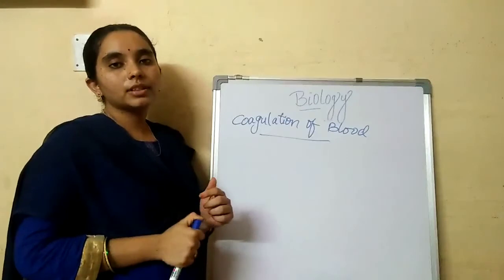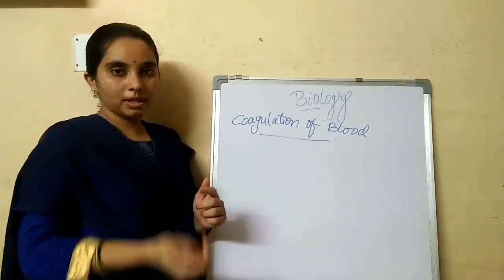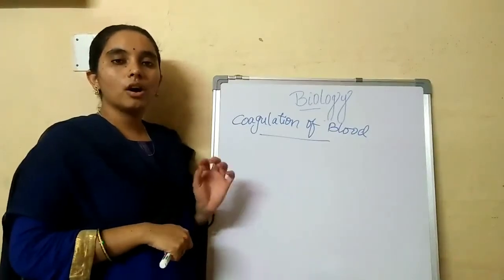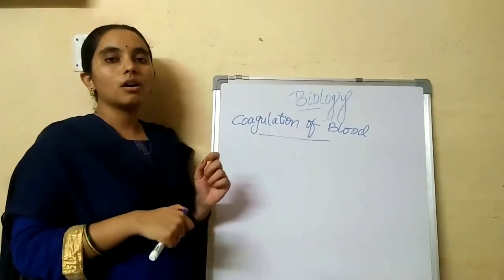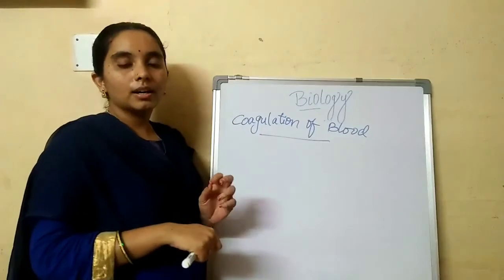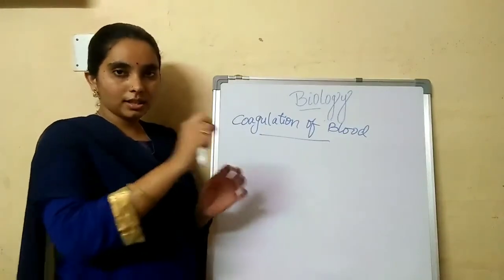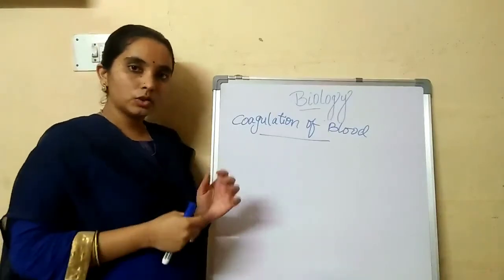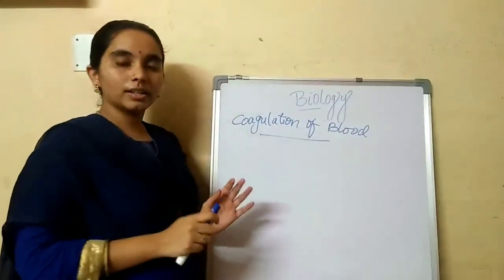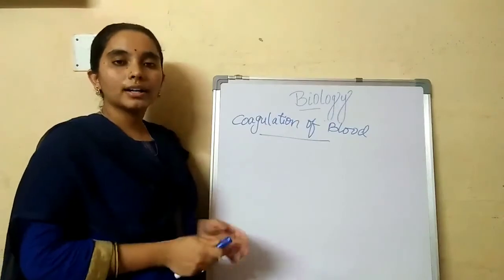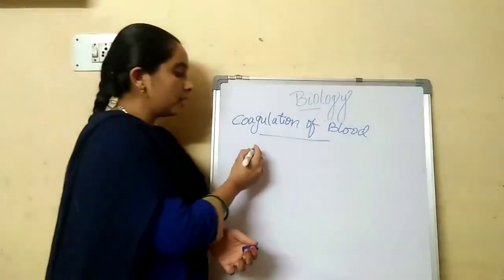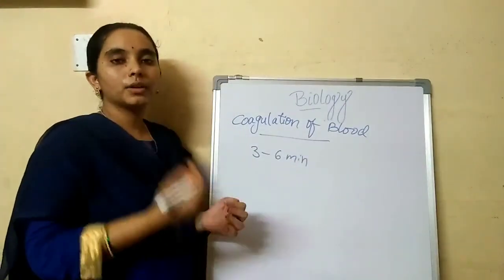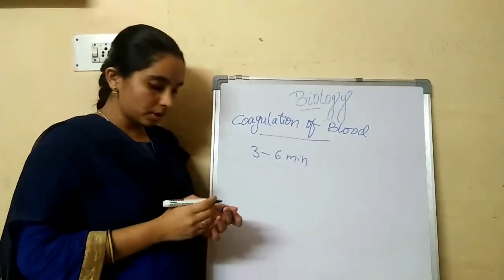If you observe, after 5 minutes of getting an injury, you can find a solid yellowish or reddish ball-like structure on the upper part of the skin where you get the wound. That is called the clot. This clot occurs within 3 to 6 minutes after you get any injury or wound.